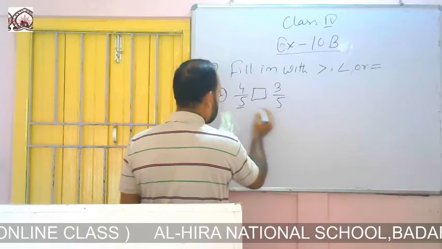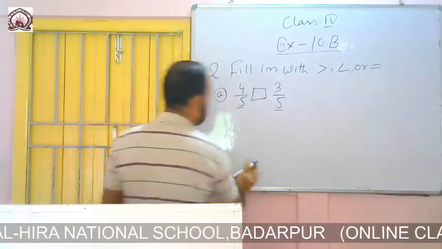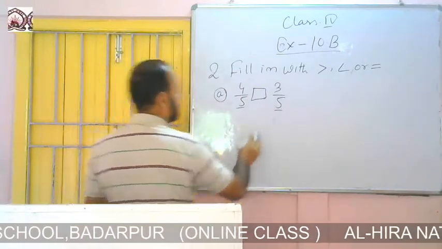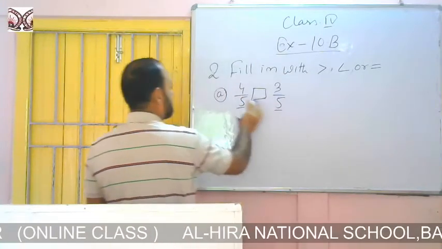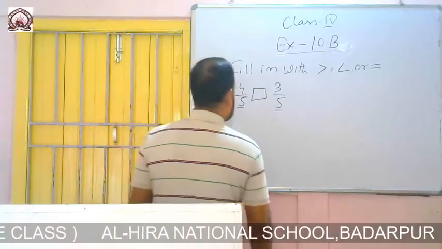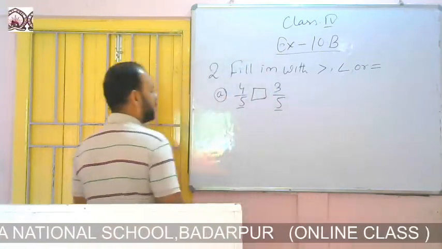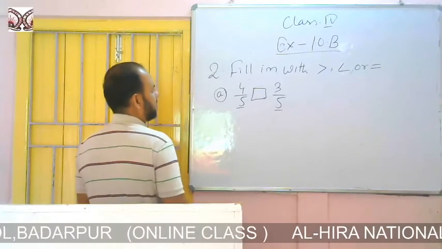Here also the denominator is 5, which means both fractions are like fractions. If the denominators are the same, the one with the greatest numerator is the greatest.